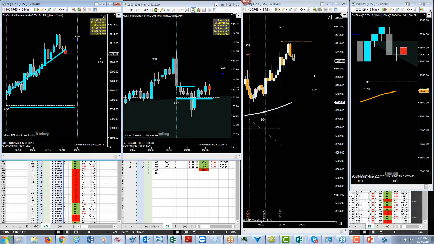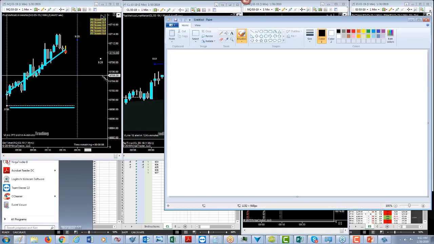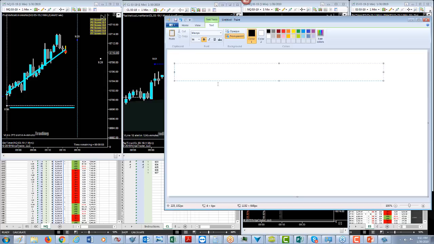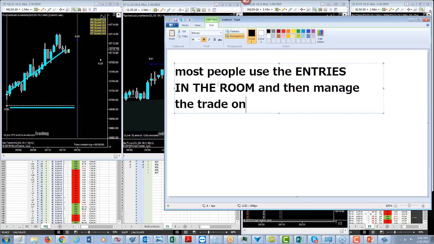The way most people use this room, and this is my experience, please correct me if I'm wrong, and if this is your experience, please confirm it. And I think the same thing happens in Ron's room. Most people use the entries in the room and then manage the trade on their own from there.